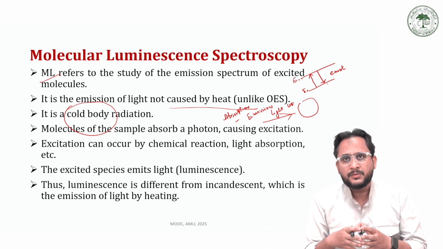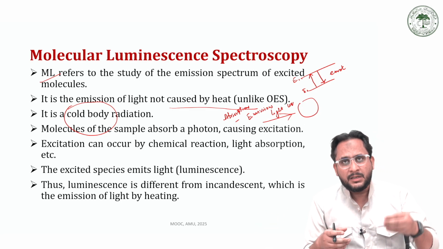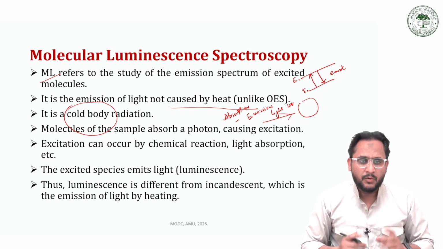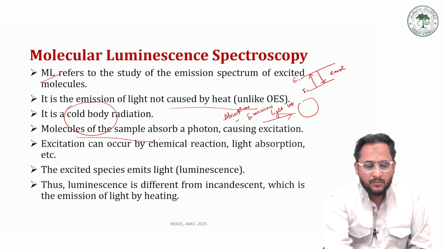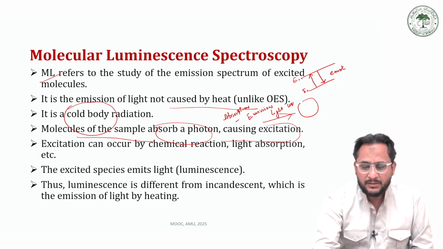So fluorescence spectroscopy is basically a type of emission spectroscopy, but it involves the phenomena of both absorption and emission. The sample molecule absorbs a light photon causing excitation, so this excitation is due to absorption of light photons.